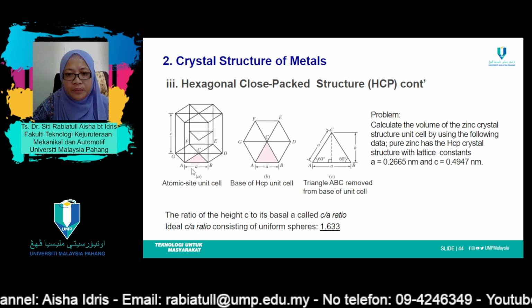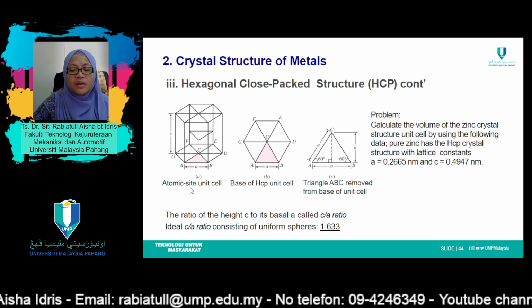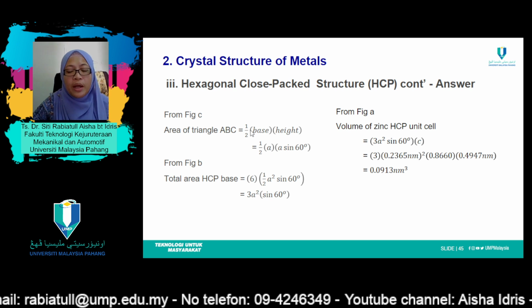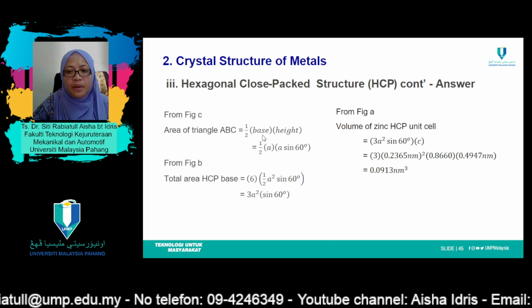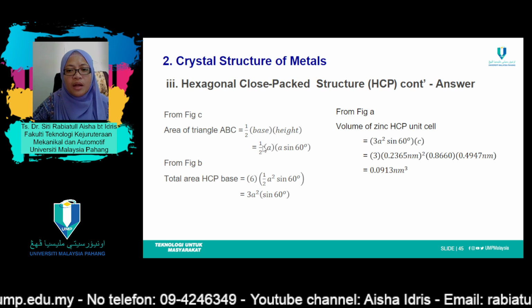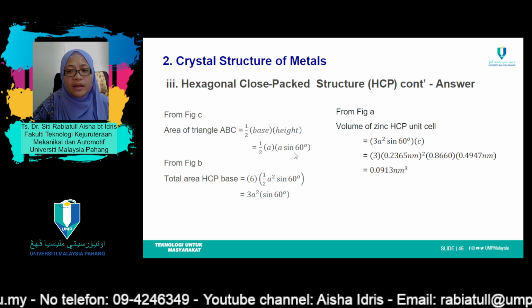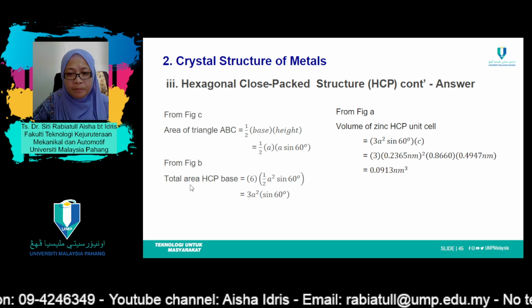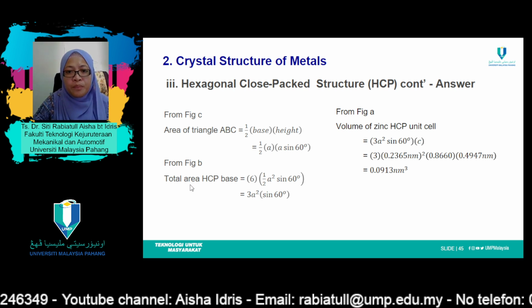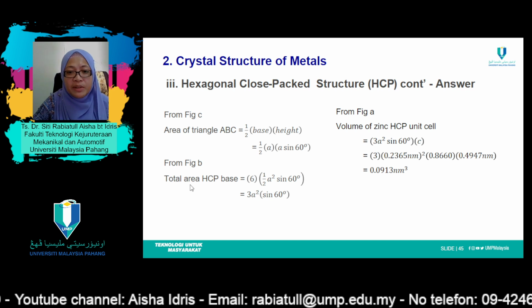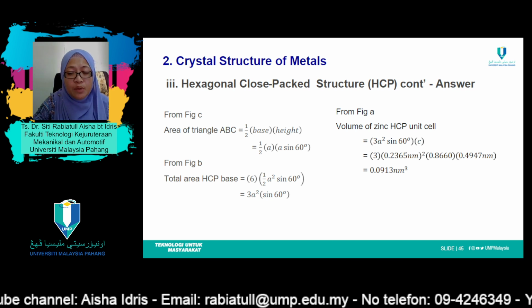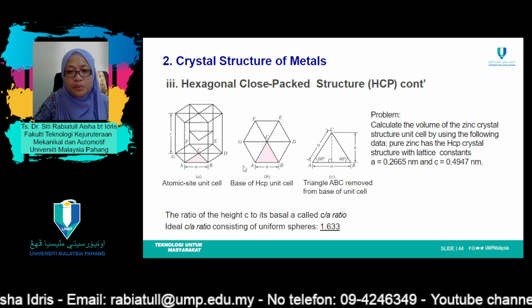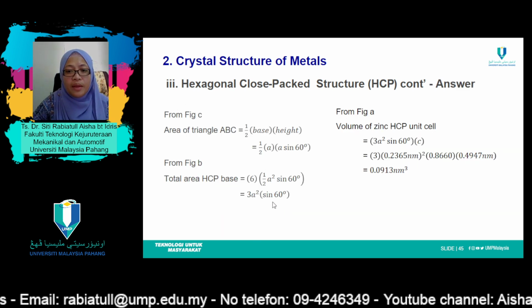Area ABC for a triangle is half times width times height, which is half A times A sine 60 degrees. After that, from figure B there, you need to times with the total area in HCP, which is 6 units here: 1, 2, 3, 4, 5, 6. So just times 6, and you'll get this one.